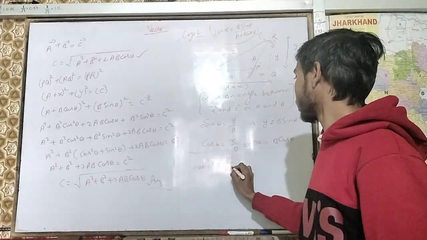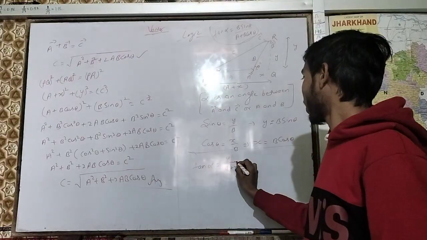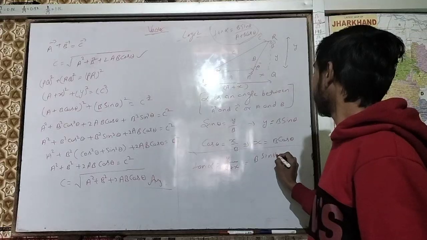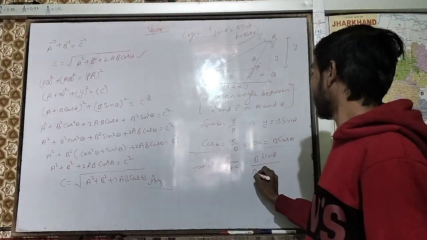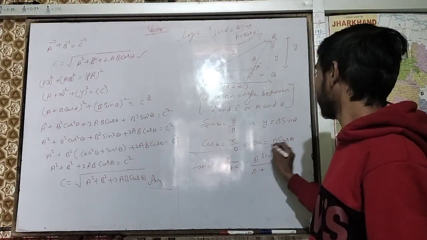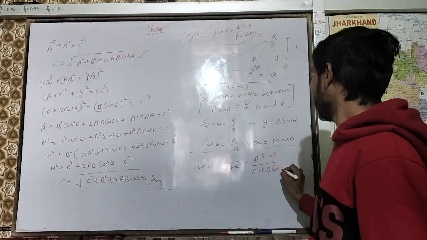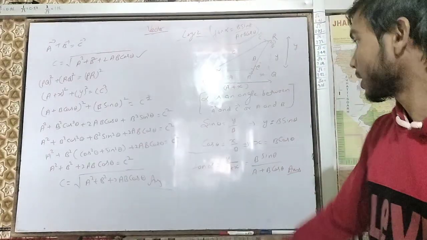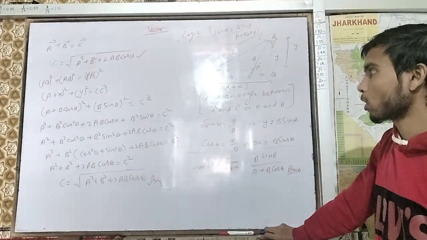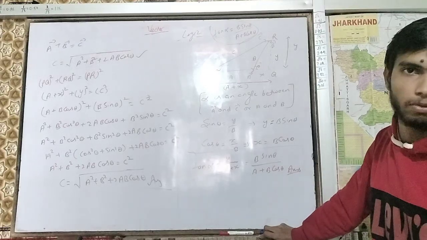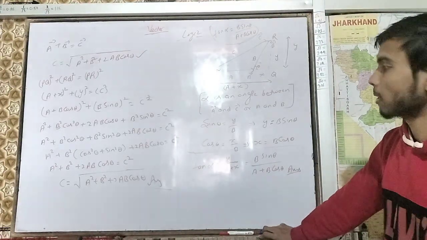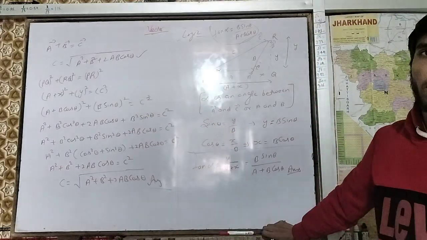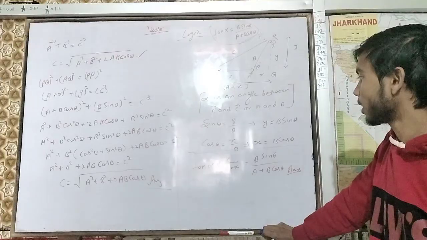So the value of y is b sin theta, and the value of x is b cos theta. This is our complete answer. That is how this formula came. This was a derivation. We have seen the logic behind this formula: y upon a plus x.